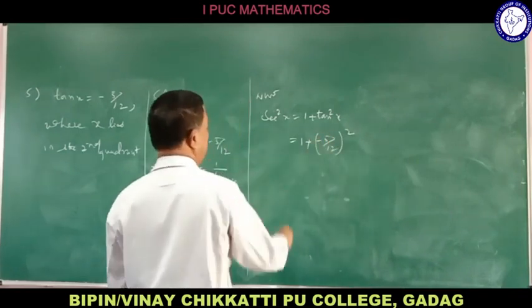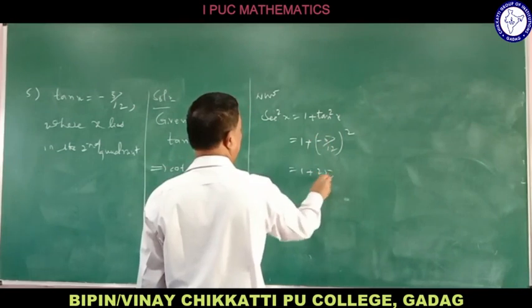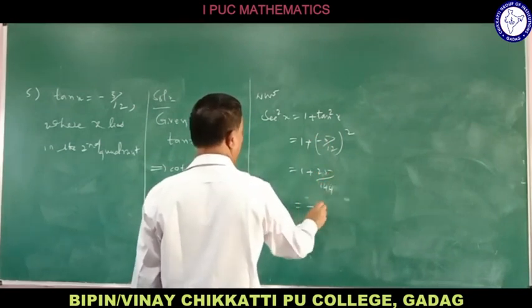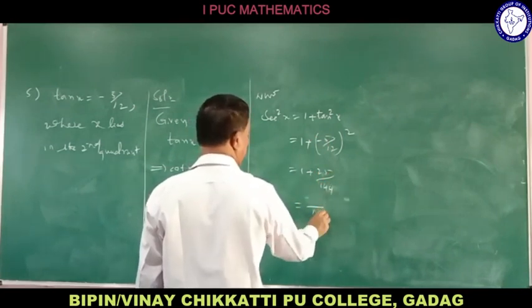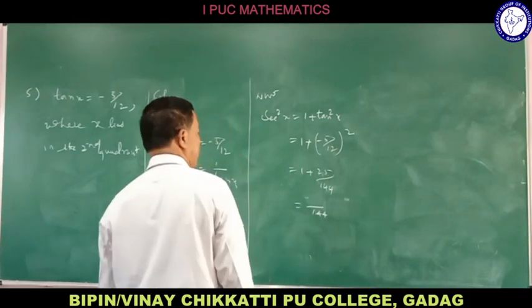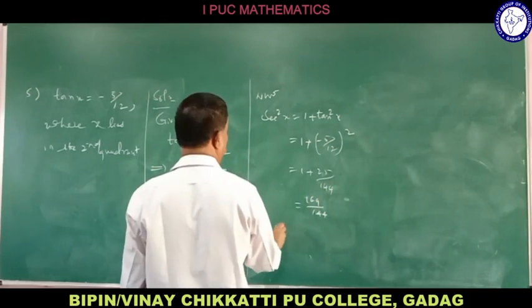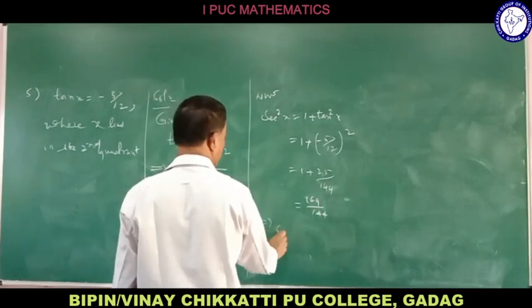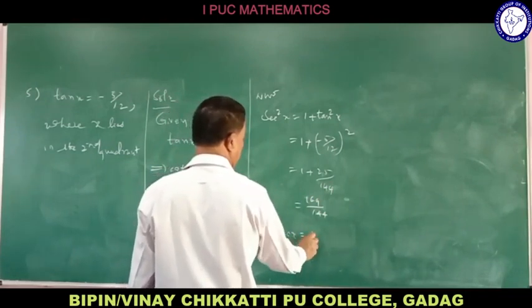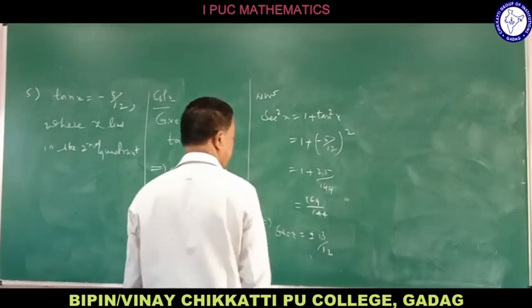See this, 1 plus 25 divided by 144. 144 is the LCM, and 144 plus 25 is 169. So this implies sec x is equal to plus or minus 13 by 12.